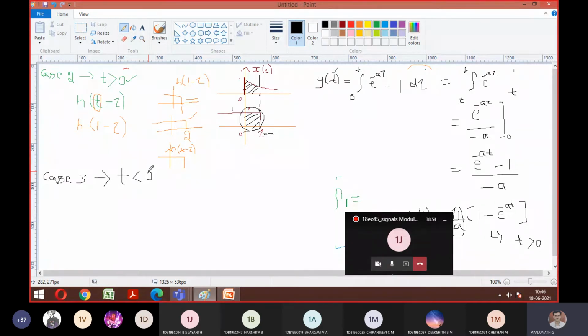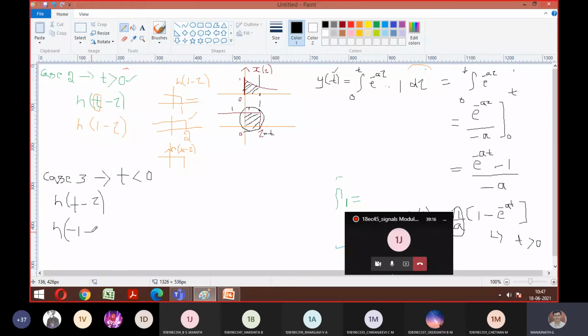So now tell me, if I take t less than 0, the same procedure, guys. So x of tau remains the same. What values of t should I give now? Negative values. So I need to plot h of t with t as minus 1, minus 2. If I take t as minus 1, it is like this.